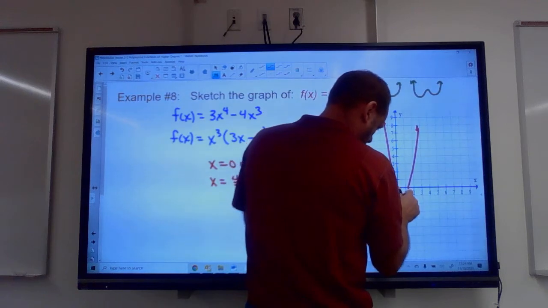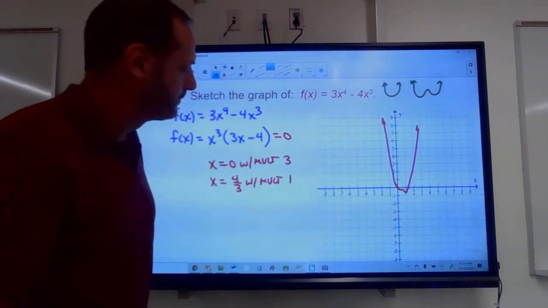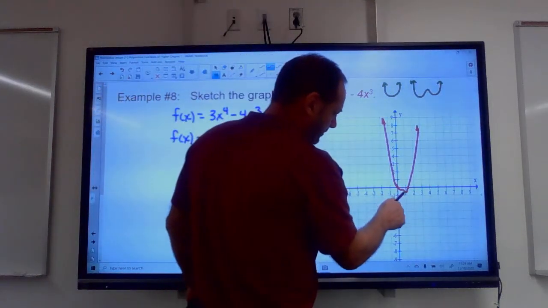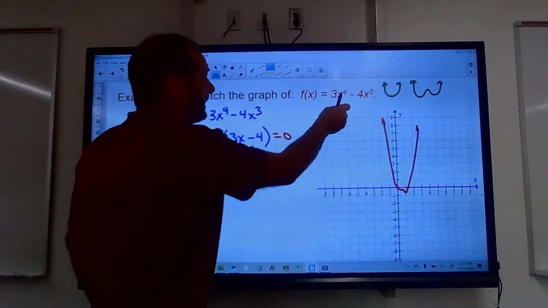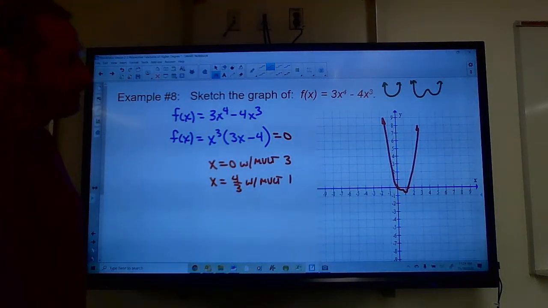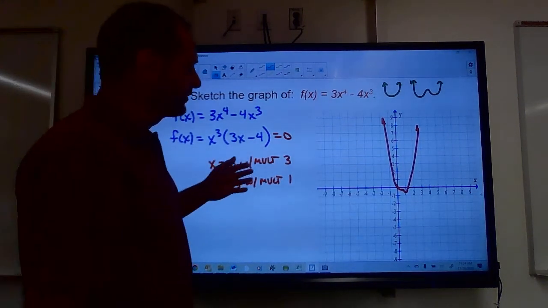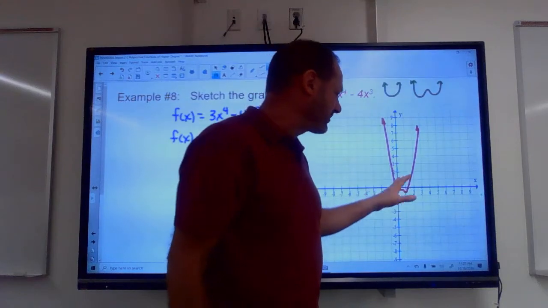And this kind of does this little turn thing, like that. So I've got 1, 2, 3 turns in that, which is the most I can have. And so I know that my graph is, I can't really do much more with that. Now, my original guess was not exactly correct, but it was pretty close.